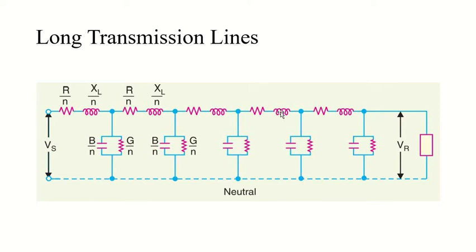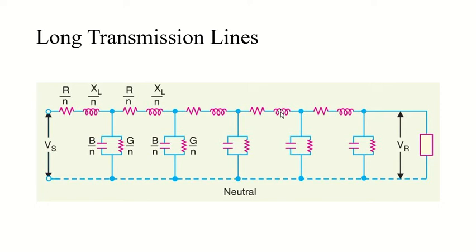When we assume that the line constants are lumped and then try to calculate all the parameters for long transmission lines, which are normally larger than 160 kilometers, we cannot find the exact value.